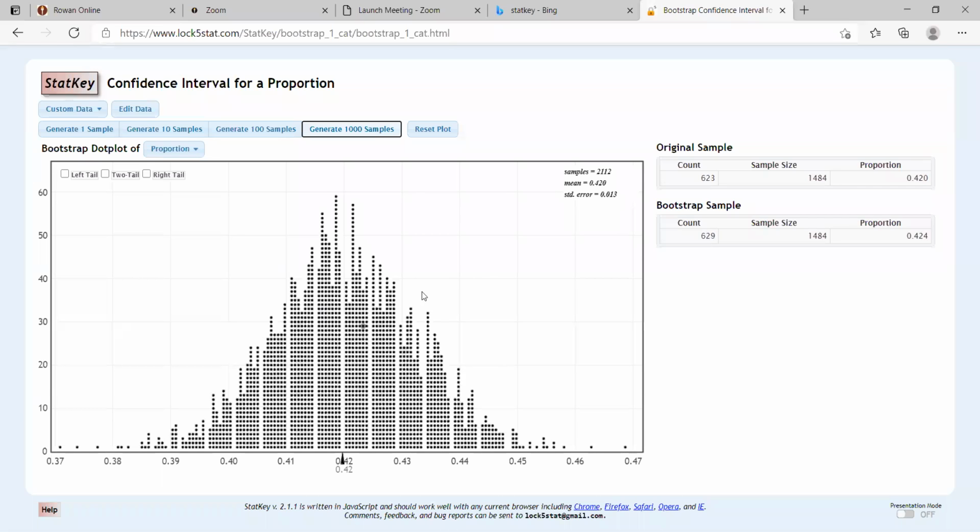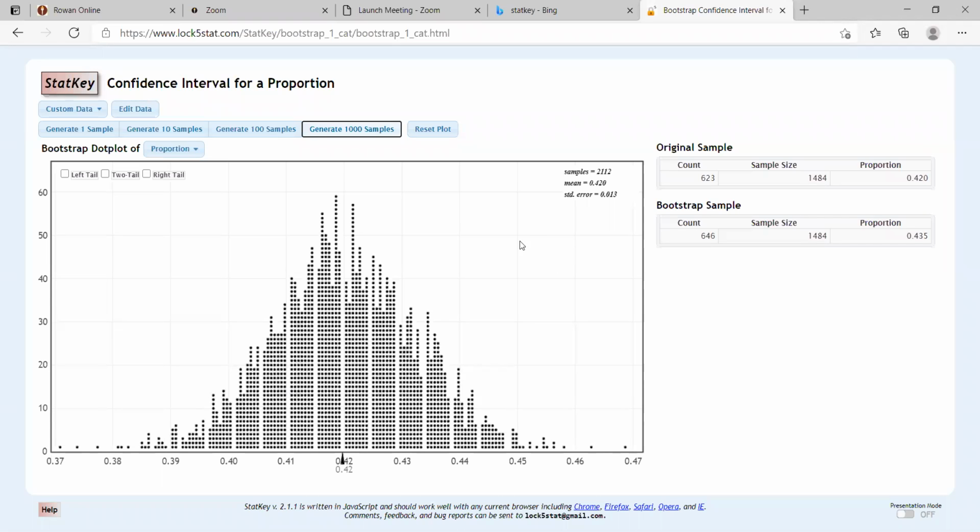All right. So how many dots do we have here? We have 2,112 dots. Each dot is a bootstrap sample. Each bootstrap sample has 1,484 people in it. And each of them has a sample proportion. So we're treating the original sample as if it's the population proportion, and then we have the sample proportions for each one of these dots. So there are many sample proportions here.